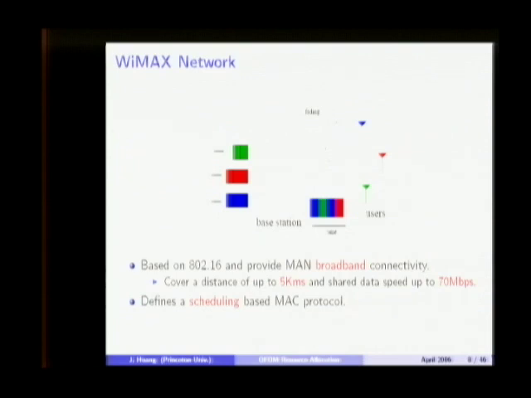So this is really a broadband network. It can use frequencies from 2 gigahertz to 66 gigahertz, or a subset of that. And different from the usual wireless LAN, 802.11, WiMAX defines a scheduling-based MAC protocol. So it's a centralized system.